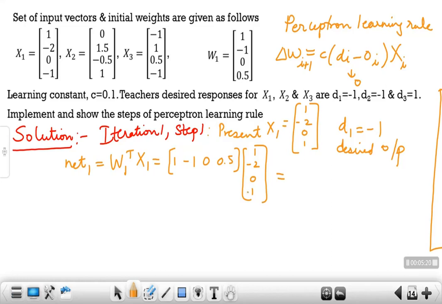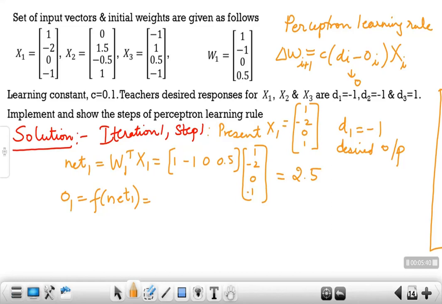If you calculate, 1 into 1 is 1, plus 2, then you will get 0, then you will get 0.5. So this is minus 1, so it will be 2.5. If you calculate, it will be 2.5.